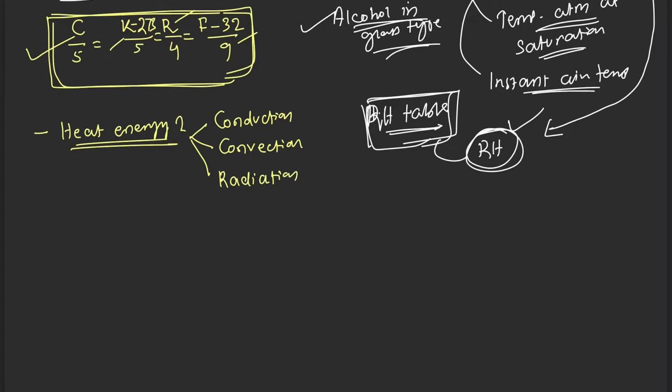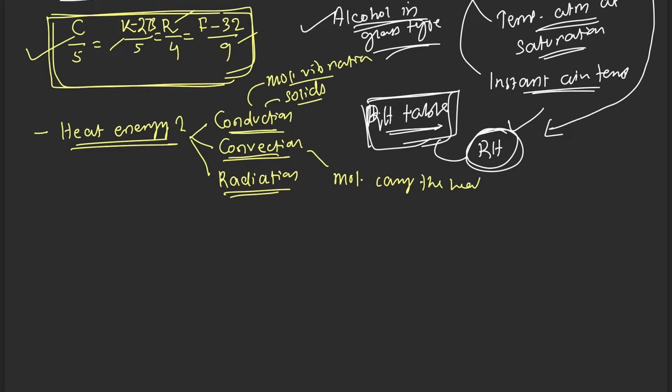What is conduction? That is the heat energy transfer through molecular activity or molecular vibration, and it is mainly found in solids. Then what is convection? That is where the molecule itself carries the heat energy or temperature.